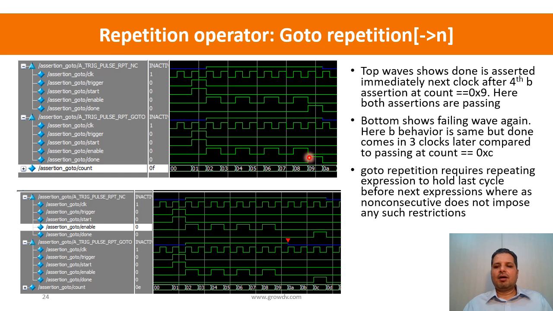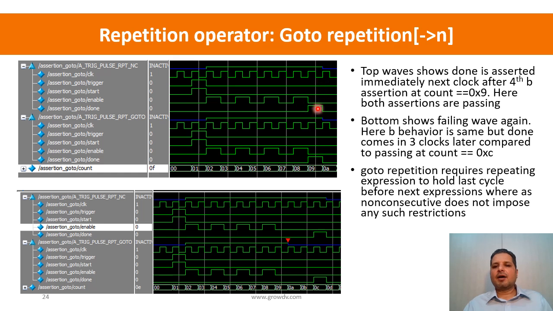non-consecutive enable signal assertions, 1, 2, 3, and 4, and immediately following that clock cycle we have seen the done. In this case both the assertions have passed, because the go to repetition has the mandate that the last condition must hold immediately after the go to repetition has matched, whereas the non-consecutive repetition doesn't have any such constraint.